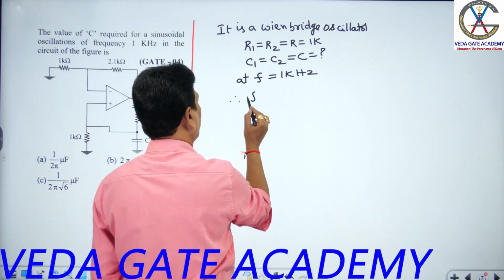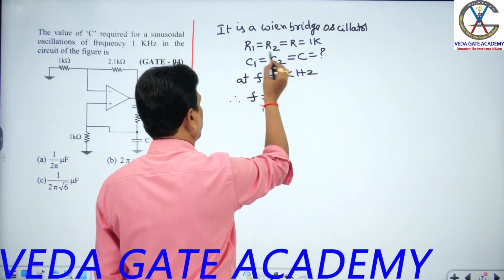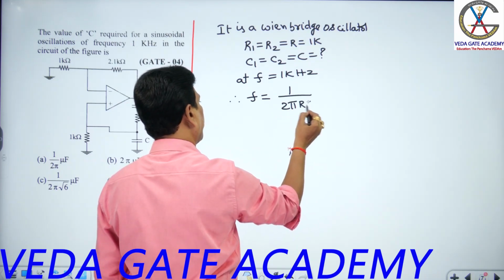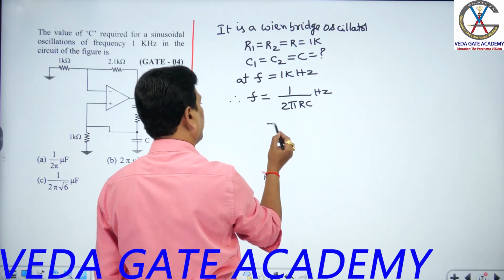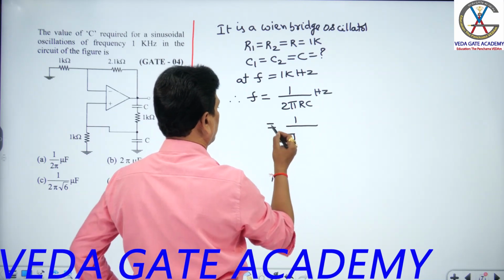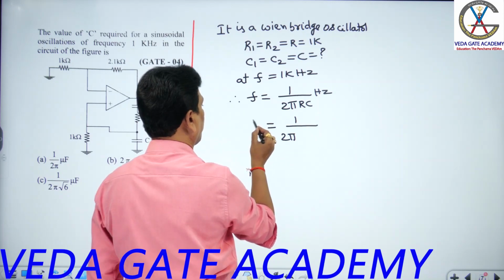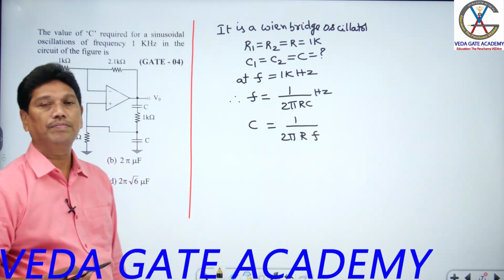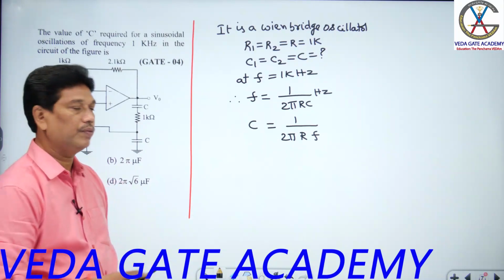What is the formula for a Wien-Bridge oscillator when resistors and capacitors are the same? F equals 1 by 2 pi RC. Now I need to calculate the capacitance, so C equals 1 by 2 pi RF. Reverse it, because you need the capacitance now.